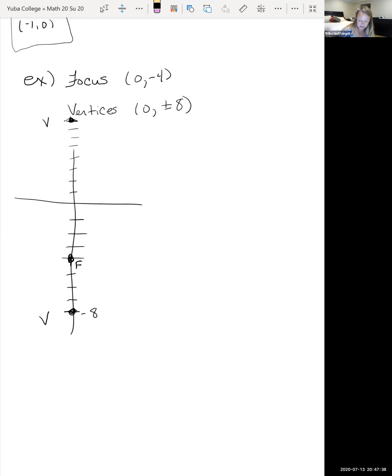Okay, so knowing that, we can tell right away, or hopefully you can also tell, that our major axis is parallel to the y-axis. It's actually on the y-axis. So we know what form we're going to use.